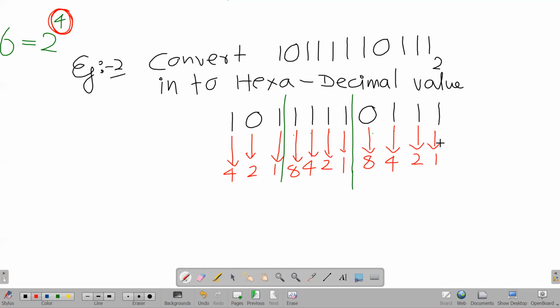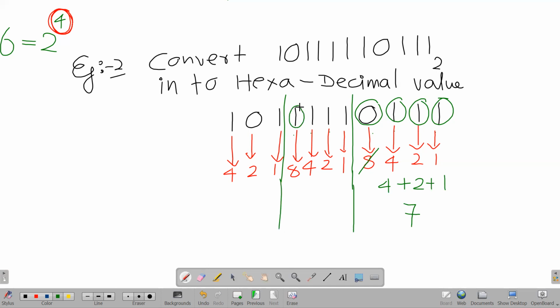Right, so the same trick is going to be done over here. Here there is a 0 at the top of the 8, so we disregard 8. There are 1s at the top of the other places, so we add 4 plus 2 plus 1, which gives you a 7. And when it comes to this group, each and every place contains 1s.